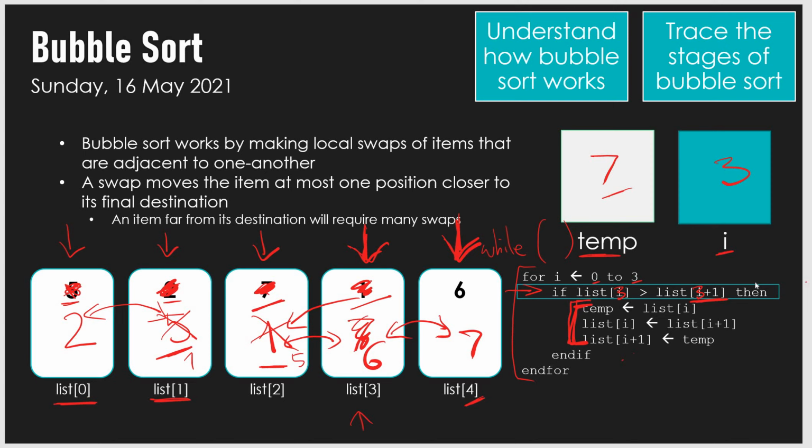It continues looking at the next indexes as it goes along until it pushes the heaviest item towards the end. This is very important for us to understand, because when we trace bubble sort algorithms in the future, you don't want to make the mistake of changing values like this earlier than they need to be changed, or earlier than the algorithm would have changed them.